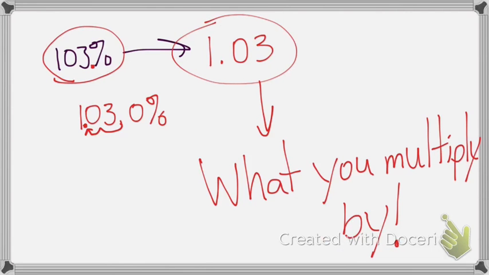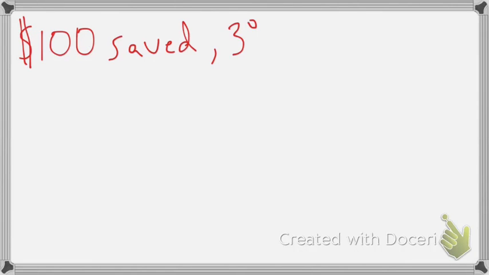Okay, so the reason that I'm saying this is because if I go back to our problem, let me see if I can go back and find that word problem again. Definitely can't. All right, but if I go back to our problem, we said $100. I'm going to fast forward through it because I don't have it. $100 saved, and then we're making 3% interest, we'll just say each year.